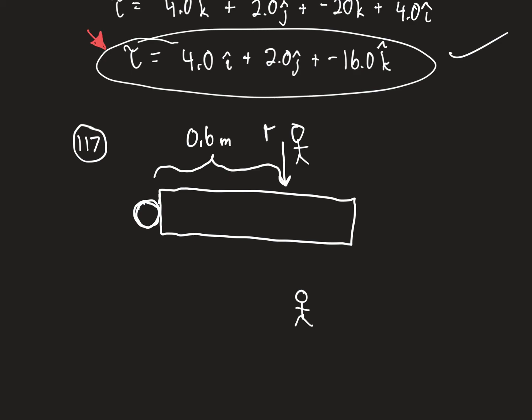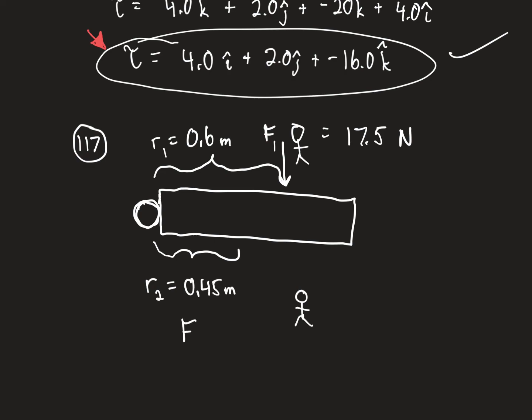He's pushing with some force. We'll call that force 1 at radius 1, and force 1 is going to be equal to 17.5 newtons. So he's pushing the door that way. And then we've got the second kid at a radius R2, and R2 is 0.45 meters.